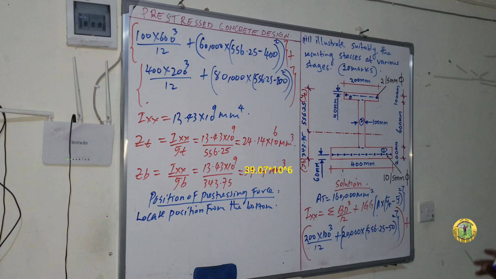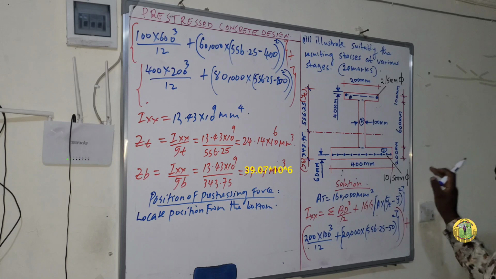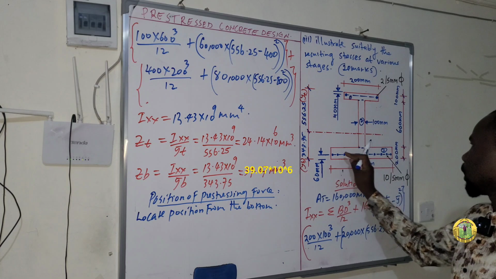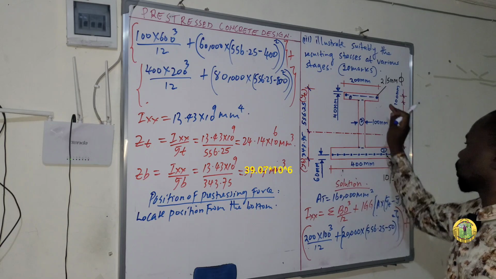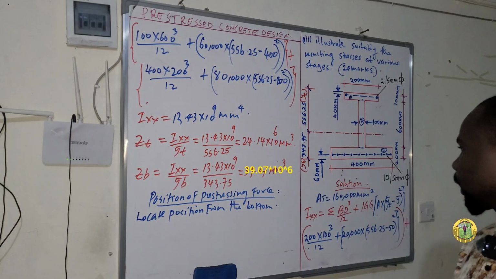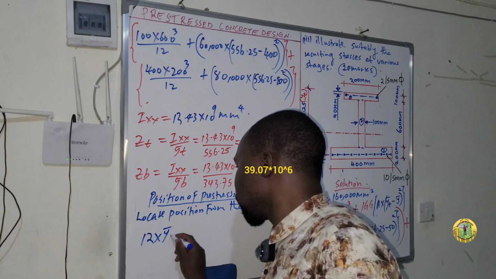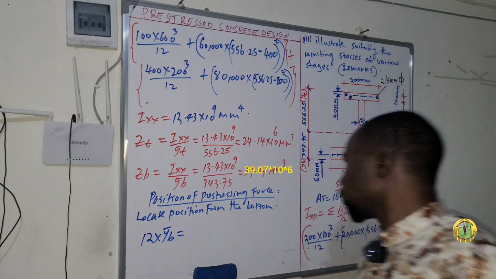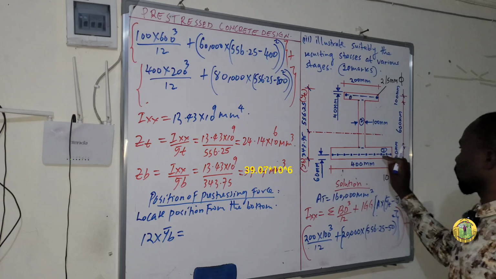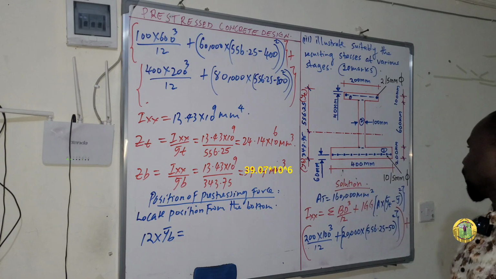So to locate the position from the bottom, you'll take the total number of cables, which are 1, 2, 3, 4, 5, 6, 7, 8, 9, 10, 11, 12, and assume they are being stretched from the bottom side. So you'll take 12 times Y bar bottom, which should equal to, now you come to these cables, we begin with the cable at the bottom part.